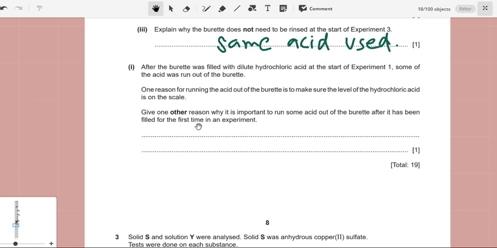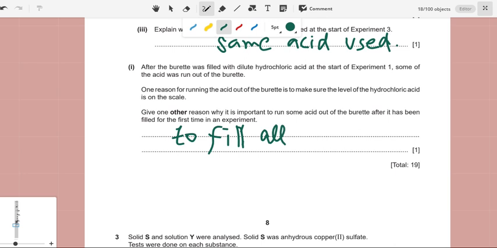So here you have to write the other reason is to fill the part of the burette below the tap, or you have to write to fill all of the burette.